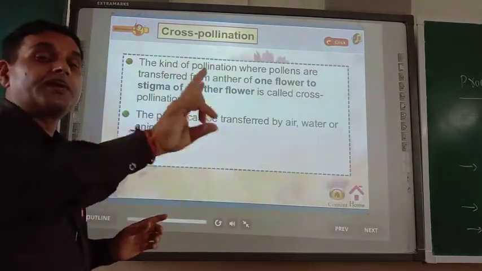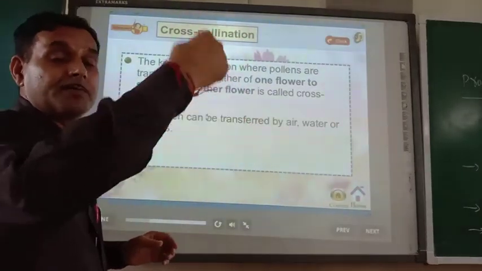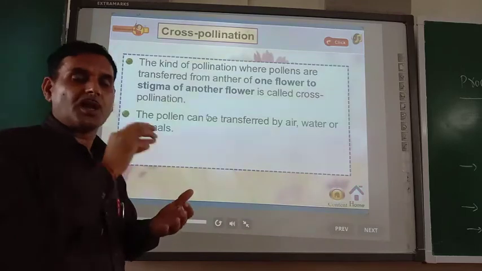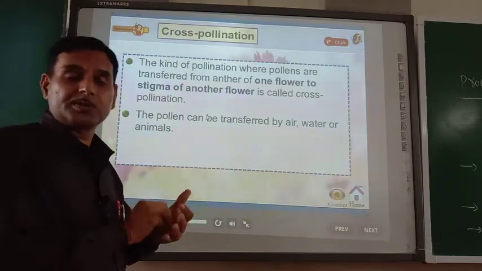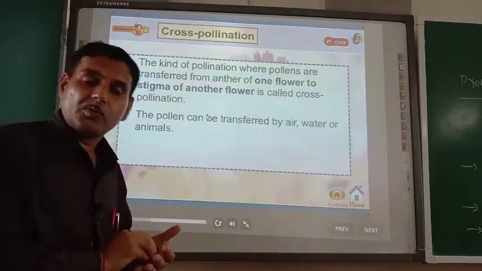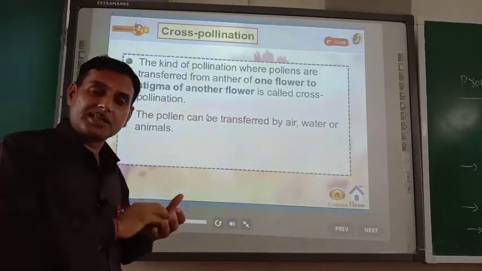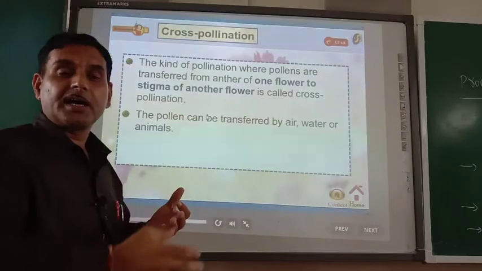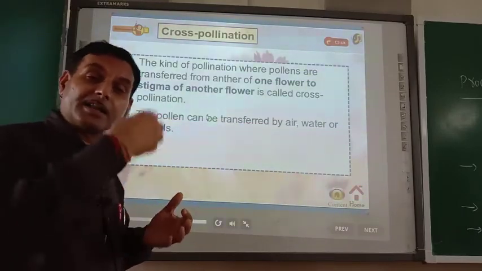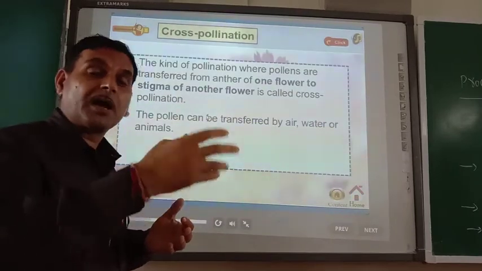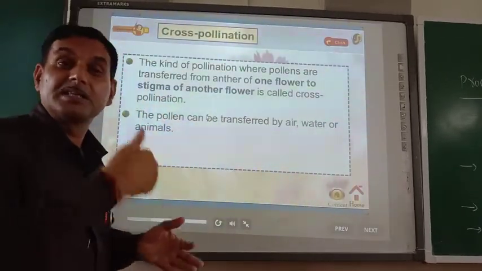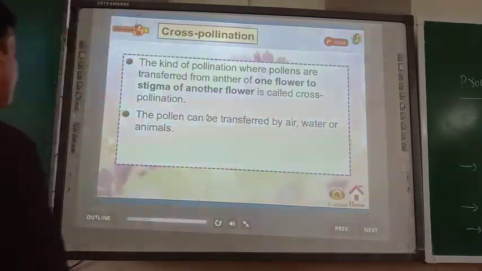It should not be different flowers of different species. Okay, mango pollens can pollinate the same flower or another flower of the same plant or a different plant of the same species. That is the point here.